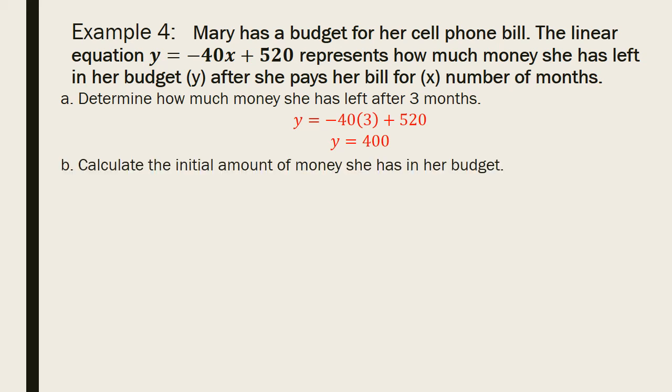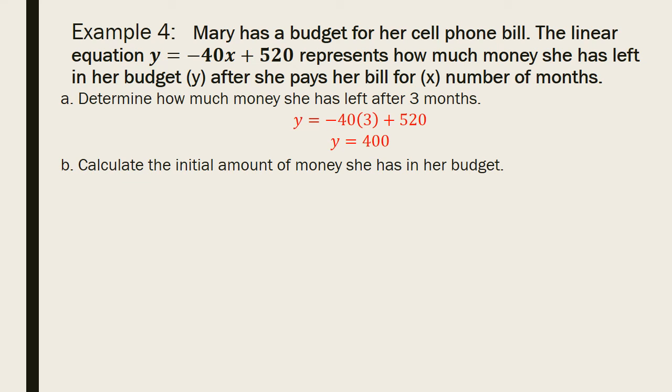Now, the second part of the question is to calculate the initial amount of money she has in her budget. Now, we know that the initial amount of money is when the number of months is 0, because at 0 months, this is where she has the most money. This is where she didn't have to spend any money on her cell phone bill.